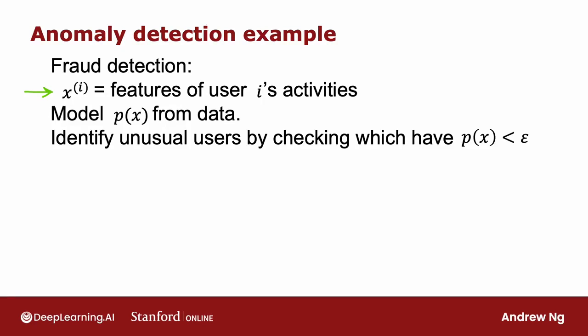Examples of features might include how often this user logs in, how many web pages they visit, how many transactions they are making, how many posts on the discussion forum they are making, or what their typing speed is, how many characters per second they seem able to type. With data like this, you can then model P of X from data to model the typical behavior of a given user.